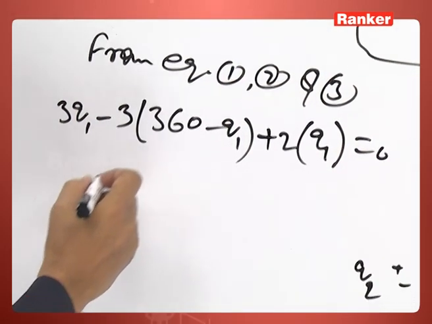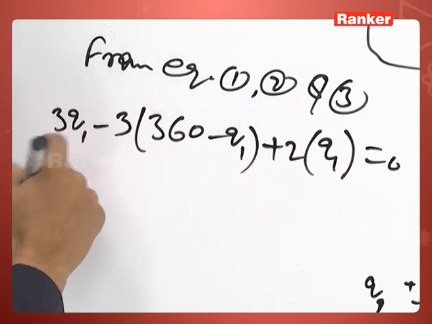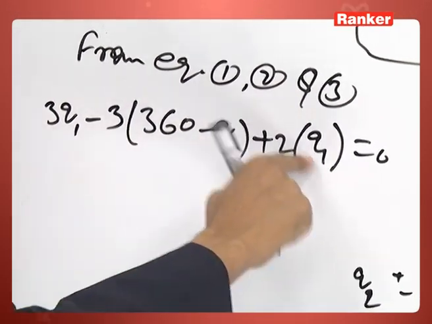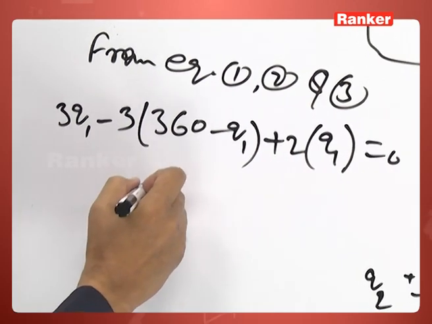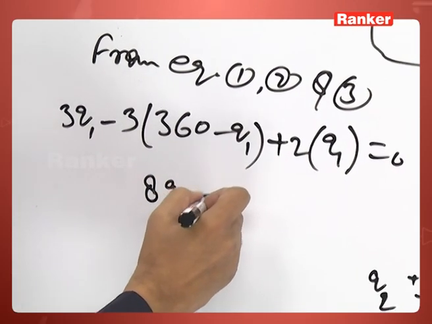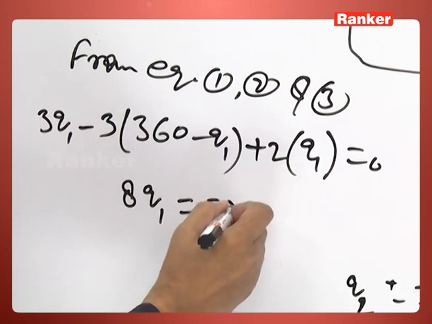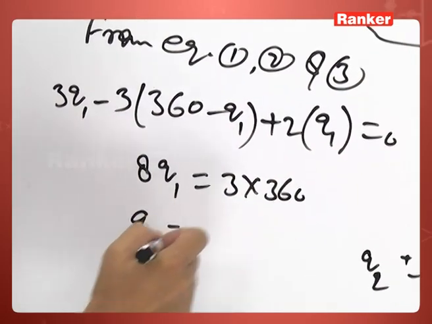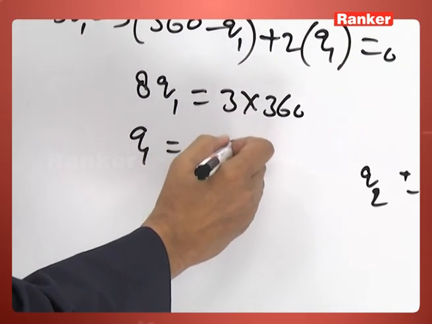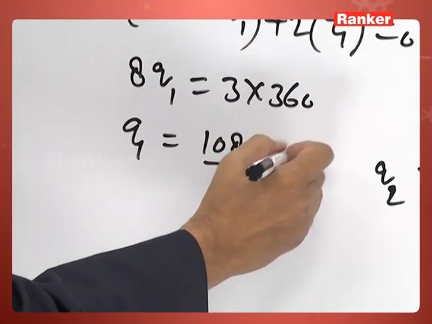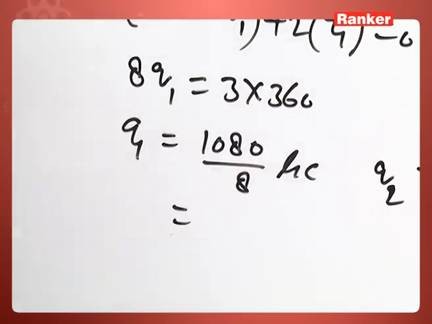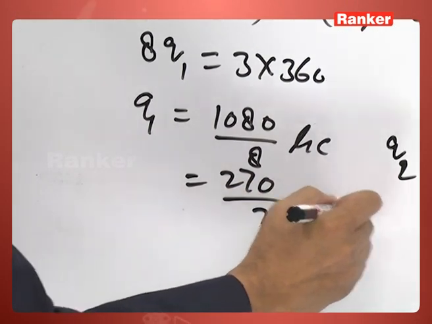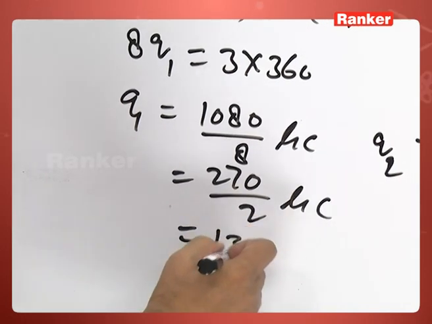So this gives you 3Q1 plus 3Q1 plus 2Q1, that becomes 8Q1 is equal to 3 into 360. So the Q1 value is 1080 by 8 microcoulomb, and this becomes 270 by 2, or 135 microcoulomb.